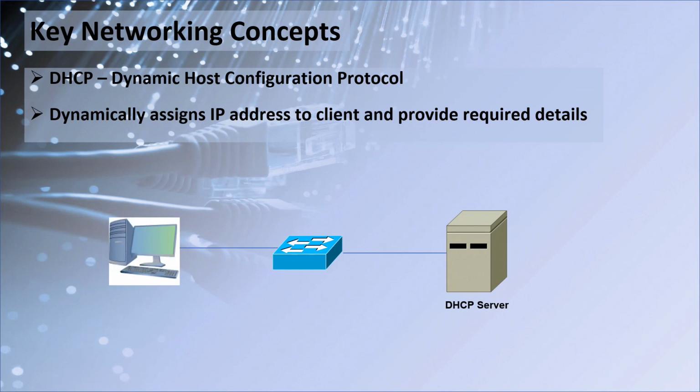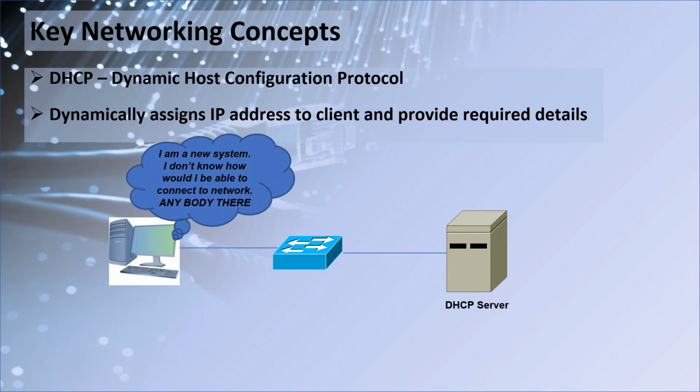Whenever any new client or machine comes online in a DHCP enabled network, it sends a broadcast message to check if there is any DHCP server to assign the IP address. It's a new system, and it doesn't know how to connect to the network. So it sends a broadcast that I don't know how I would be able to connect to the network. Anybody there who can help me?